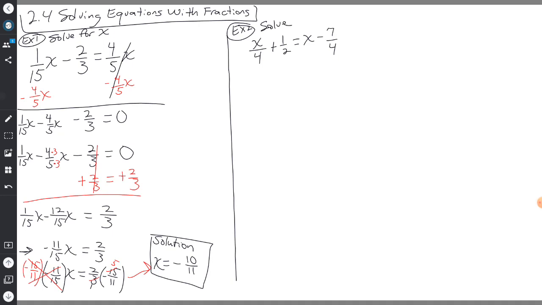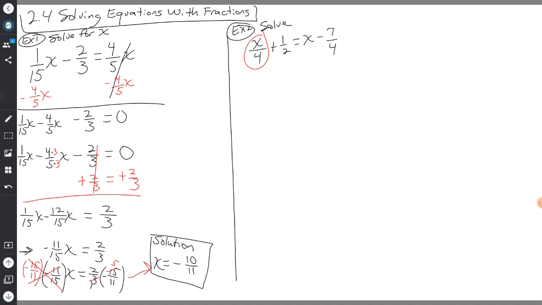We have x over 4 plus 1/2 is equal to x minus 7/4. And again, we want to solve this one for x. What's another way that the x over 4 can be written? Well, 4 is in the denominator. 1/4.